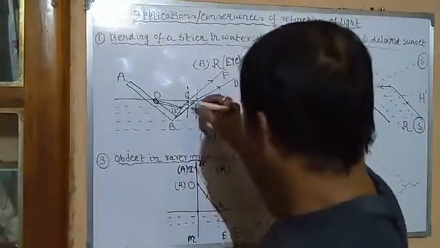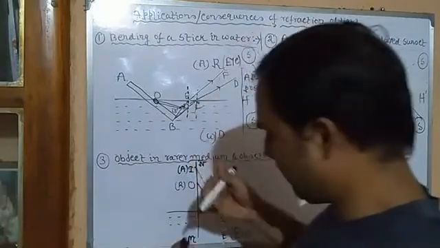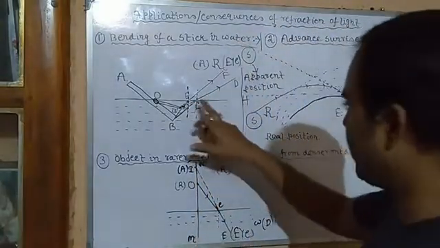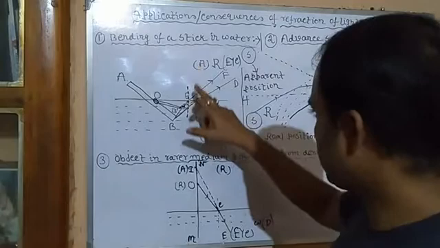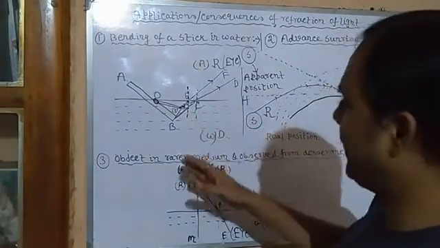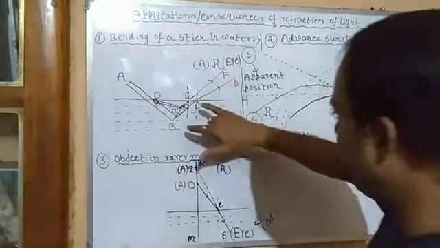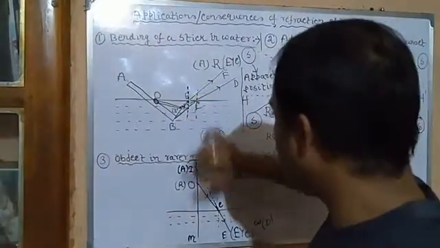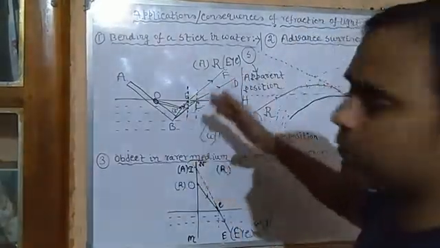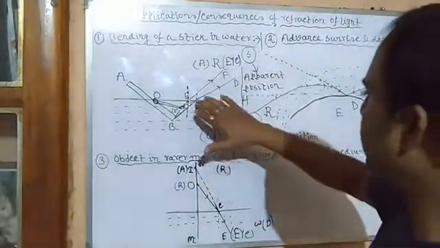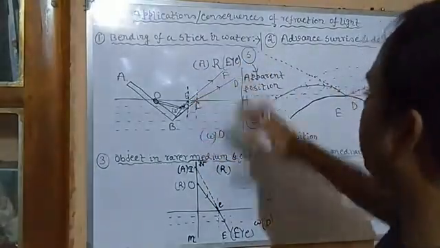After striking the boundary surface at E, if we draw a normal, we can easily say that it will move away from the normal, since the light ray BE coming from the tip B is suffering refraction from denser to rarer medium, as we have already learned. So it will move along the direction EF.